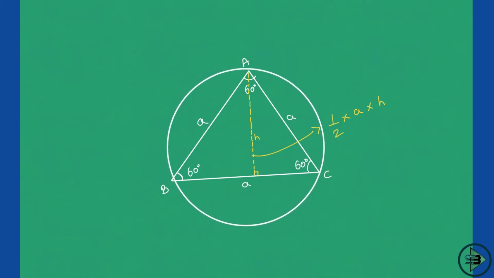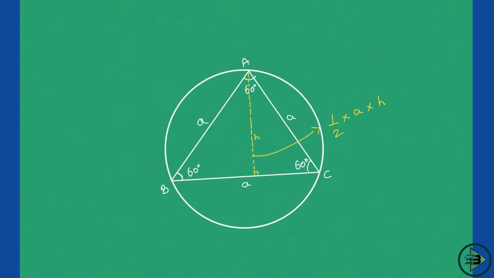This circle, as we have studied, will be called what? This will be called a circumcircle, because it is outside this triangle. Now how is a circumcircle formed? Do you know what forms a circumcircle?